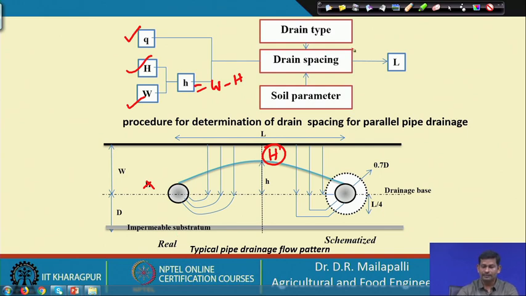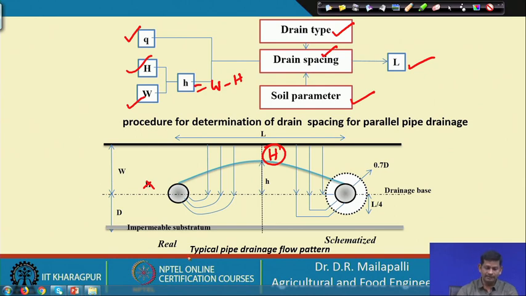Then knowing the soil parameters like hydraulic conductivity and the drain type, whether a tile drain or ditch, the drain spacing formula will be used, and finally L will be calculated. So, this is the schematic for finding out drain spacing.